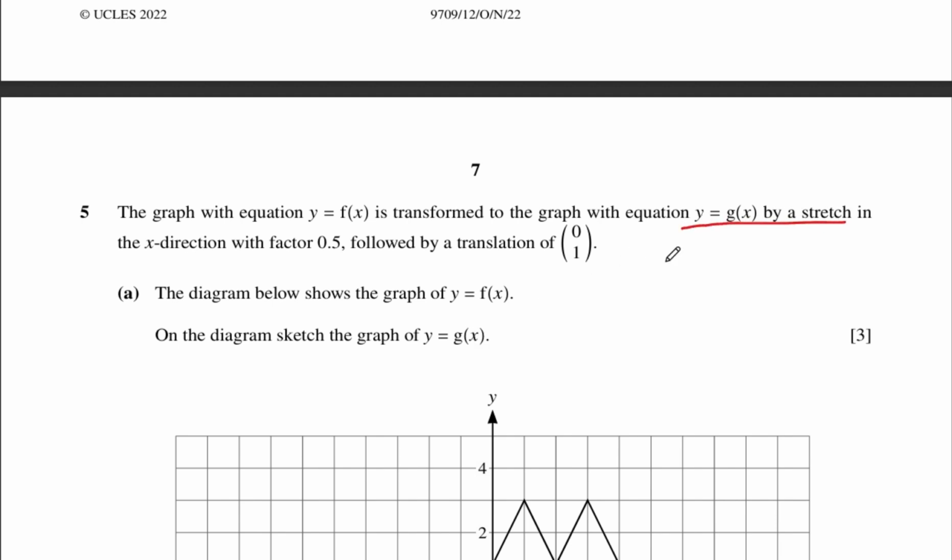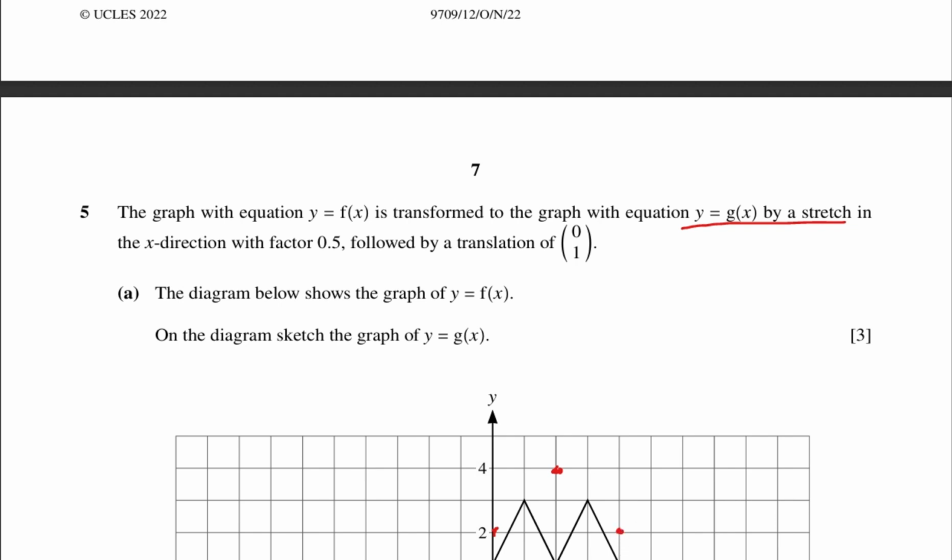So g of x is stretched by a factor of 0.5, so g of x will be 0.5 times more. It's starting from 1, so g of x will start from 2, and the second point will be over here.